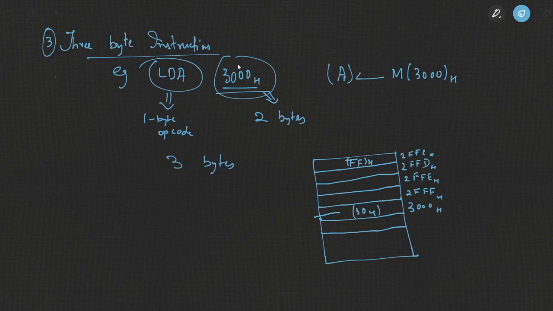So this 16-bit address will not be executed in a single go. It needs to be run twice to fetch the data.